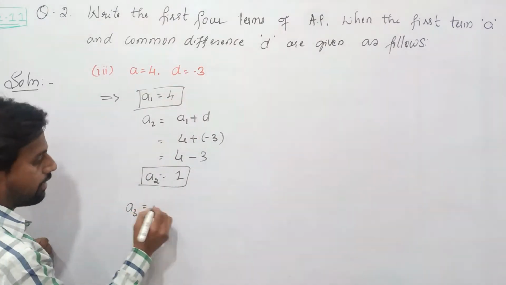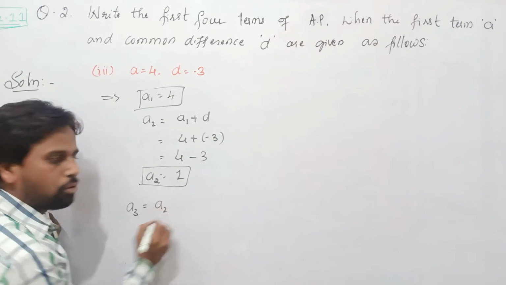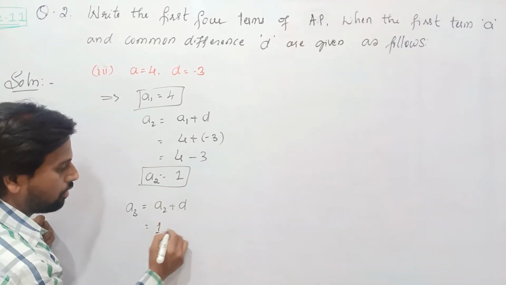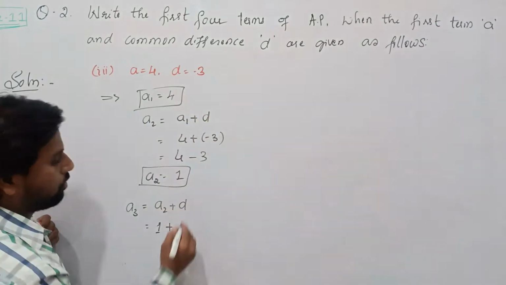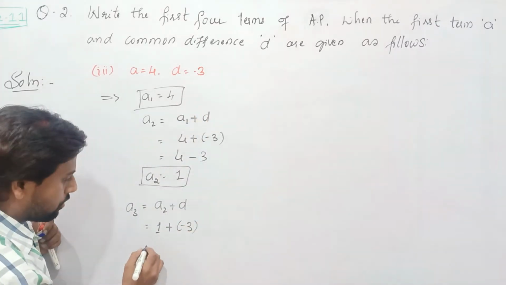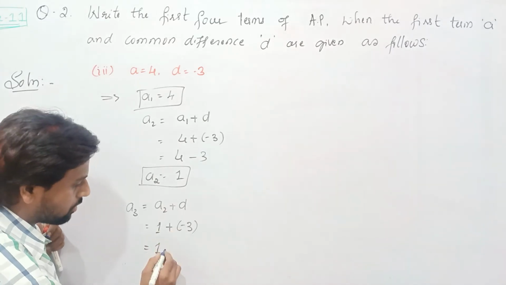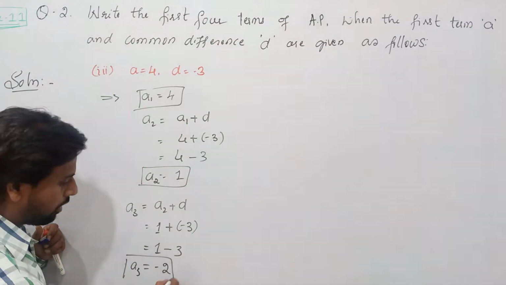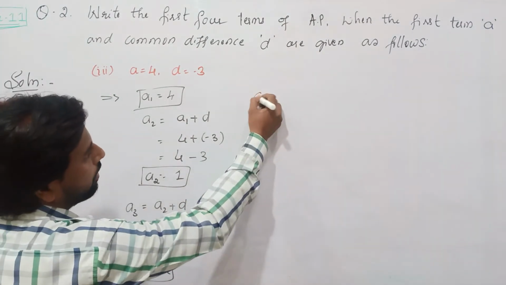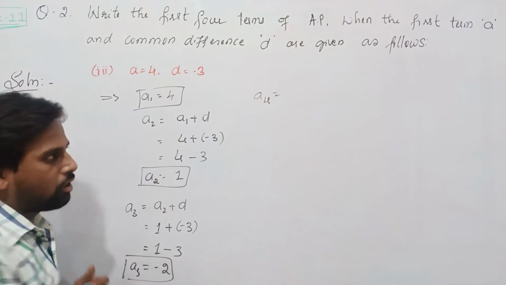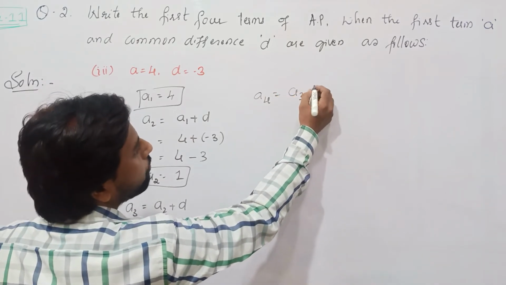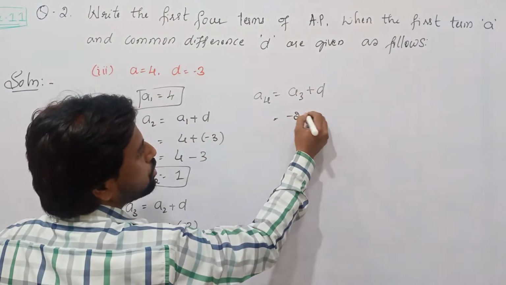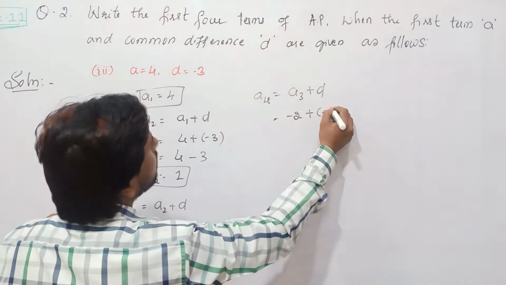Now A3. Same thing: A2 plus D. A2 is 1 plus D, the common difference, minus 3. So again plus minus 3, that is minus 2. So A3 is minus 2. We should find 4 terms, so A4 is A3 plus D. A3 is minus 2 plus minus 3.